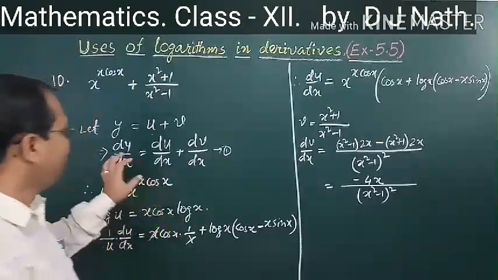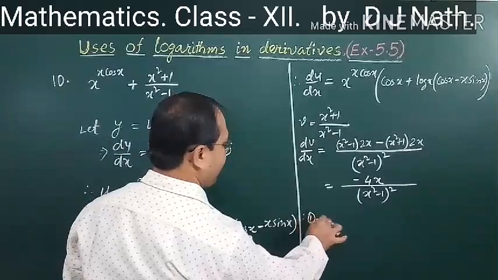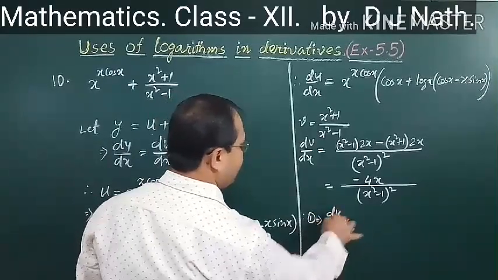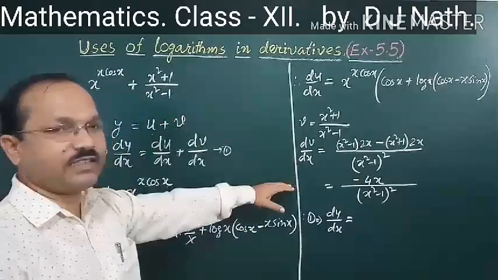So now what will be dy/dx? Therefore dy/dx is equal to du/dx plus dv/dx.